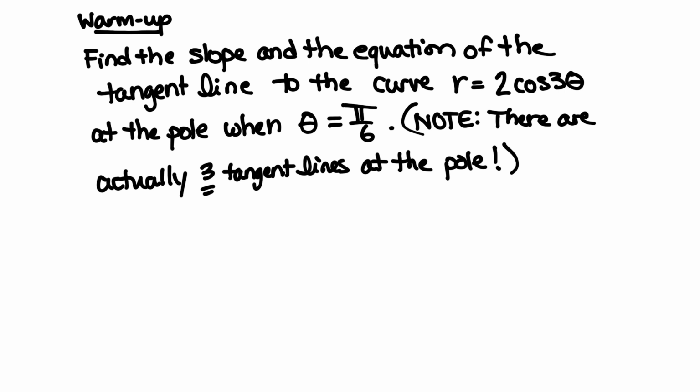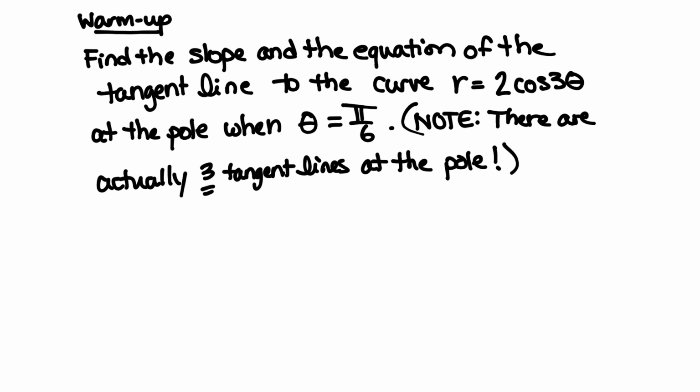So when my angle theta is pi over 6, r equals 2 cosine 3 pi over 6, which is just pi over 2. So r equals 2 times the cosine of pi over 2, which is just 0.